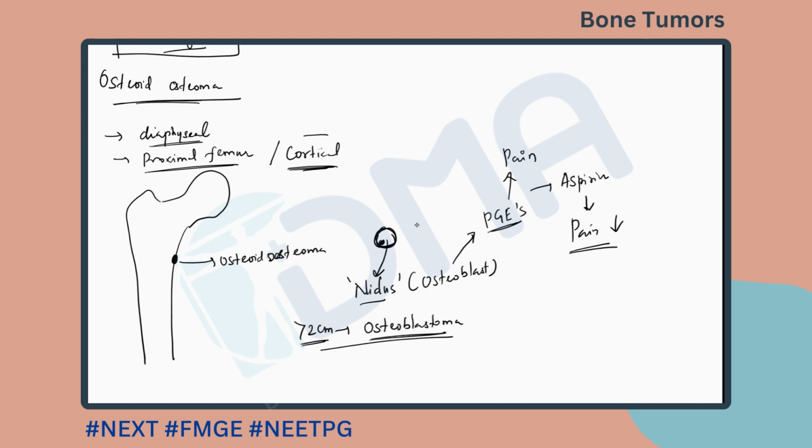Osteoid osteoma produces prostaglandins, and these are mostly produced at night, so there are more chances of night pain. This night pain can be treated easily with aspirin. So this is about osteoid osteoma. What is the treatment modality for osteoid osteoma? Radiofrequency ablation is the treatment.